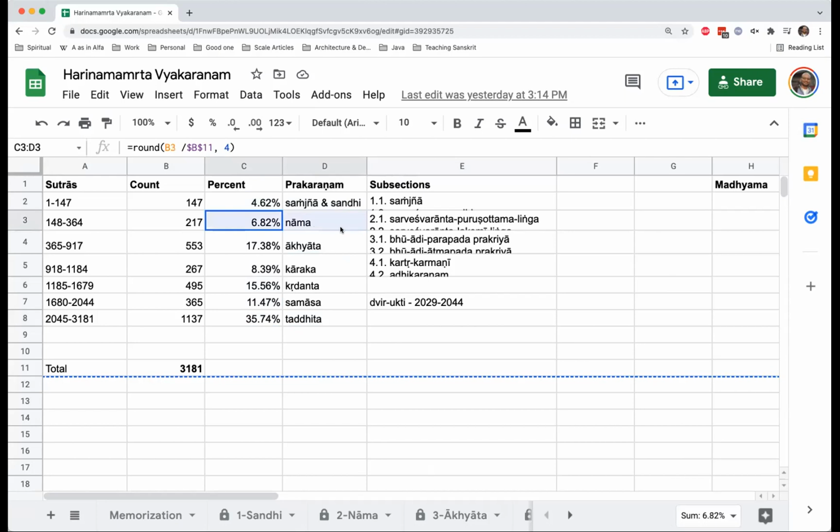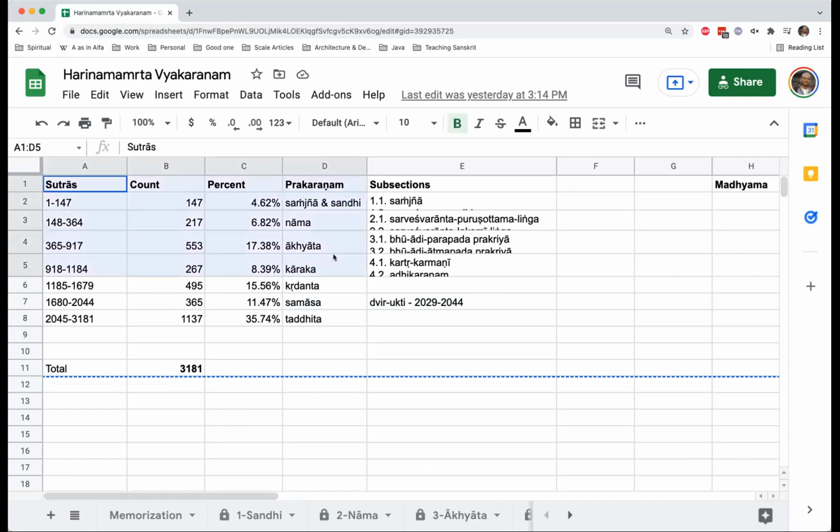The next smallest is noun forms. The good part is most of the words you encounter are going to be noun forms. So just by learning these 2, you can learn a lot. Next is Karaka, the meanings, then the Samasa, and then the Krudanta.